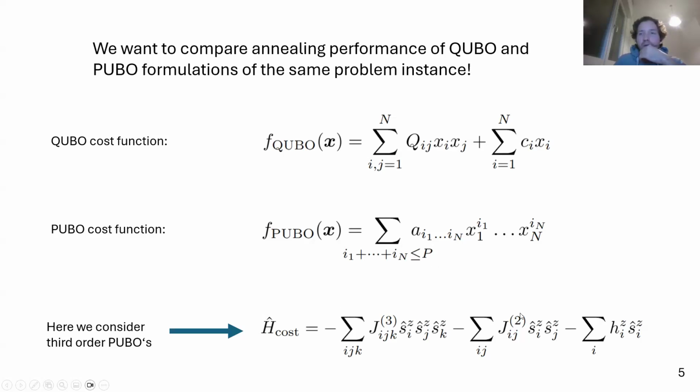The cost Hamiltonian of such a PUBO would look like this at the bottom, with 3-body interactions of quantum spins, 2-body interactions, and local fields. The goal of this work was to compare the performance if we have one single problem instance and encode it either into a QUBO form, which is the usual way, or into a PUBO form, the equivalent problem, and compare their annealing runtimes or the performance that we can expect.